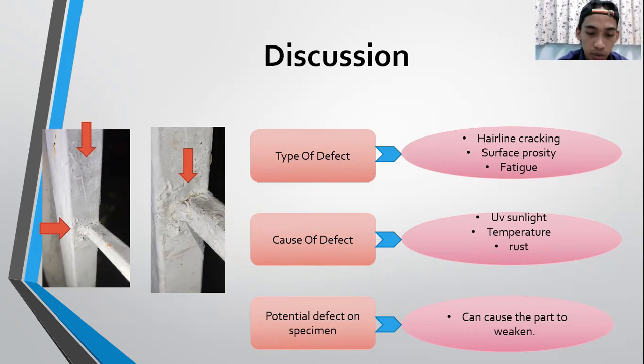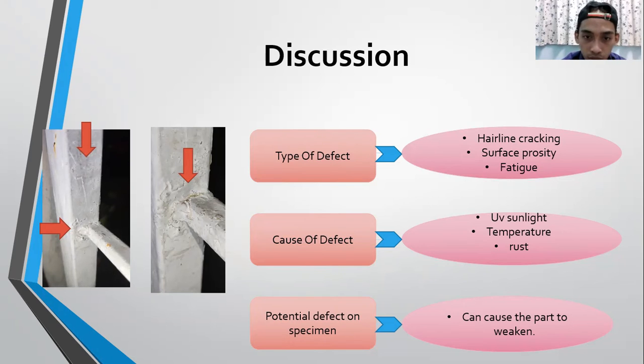And for porosity, it occurs because the molten metal can hold a large amount of dissolved gas, unlike the solid form.